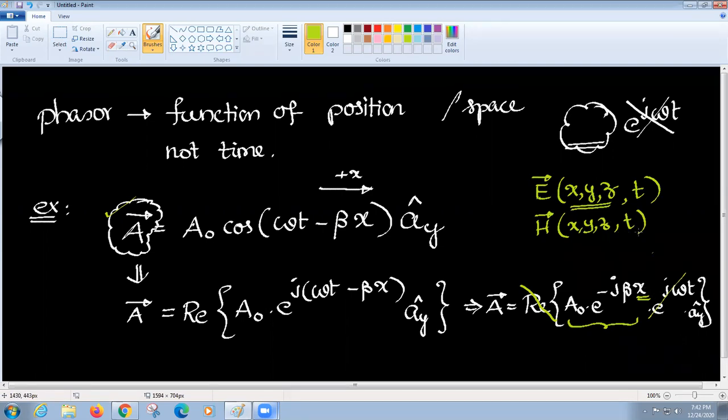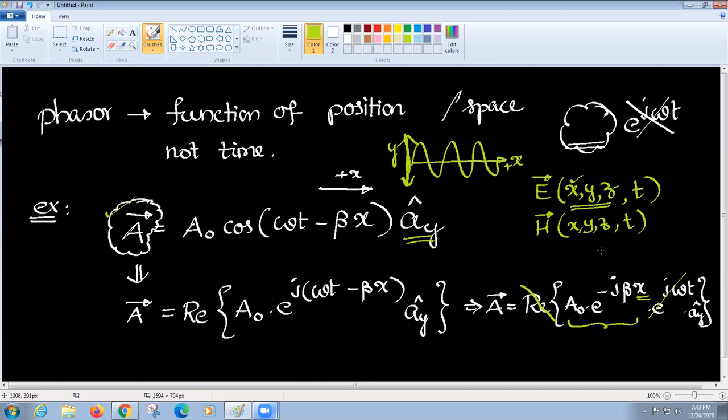As of now, you are seeing one variable out of three. That means you have a one-dimensional wave equation. A wave is propagating along the positive x-axis while oscillating along y. So the wave is oscillating along the y-axis, which is the ay roof, but propagating along the positive x-axis, and that's what you have, this negative beta x.